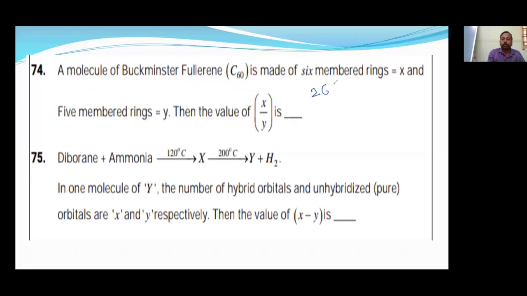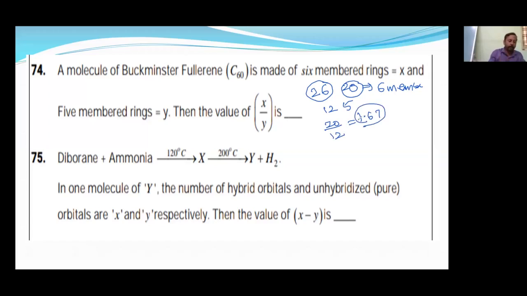Like this, so many memory tricks are there in inorganic. And 5-membered rings will be 12. So X is equal to 20 and 5-membered rings are 12. Therefore, you will get 1.67.